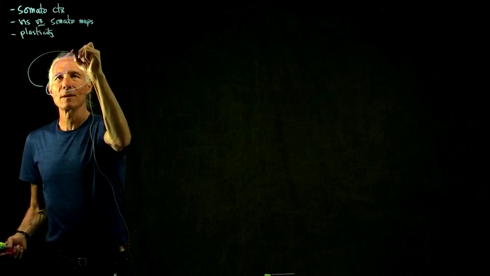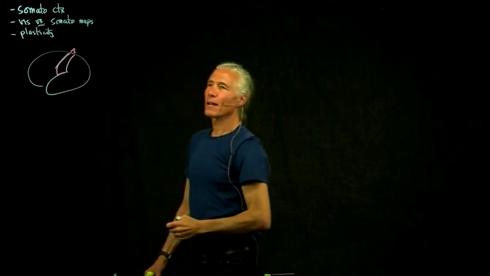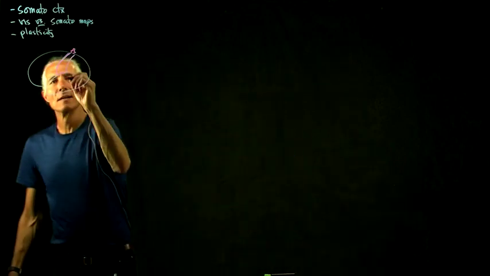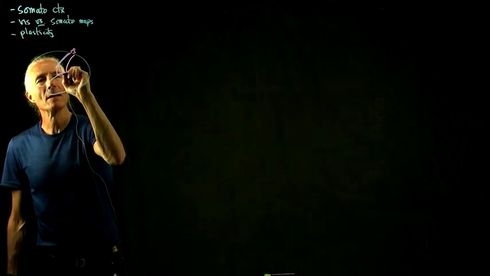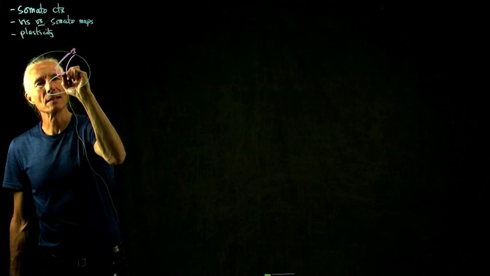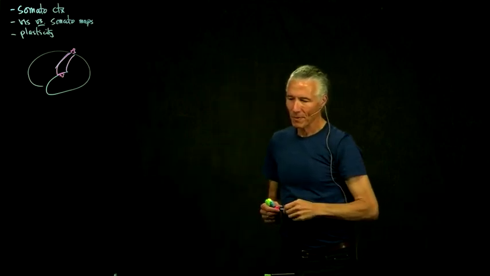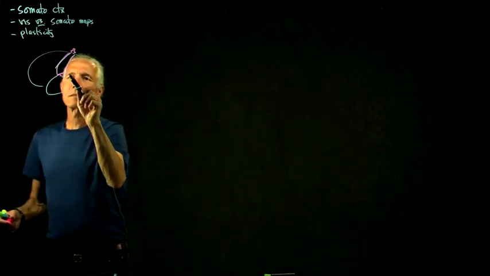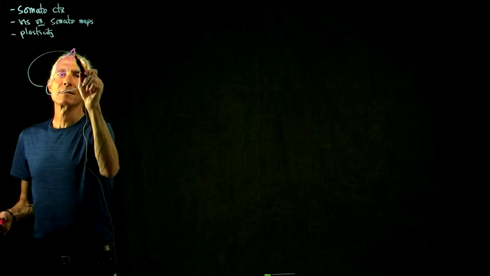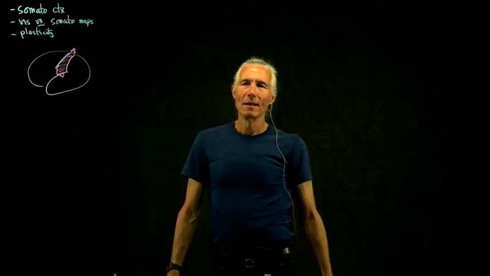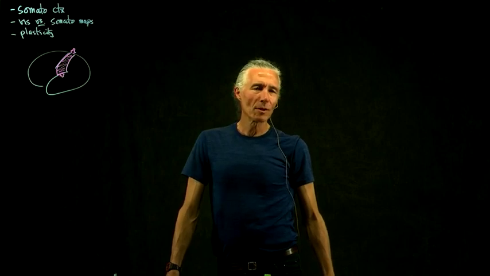So there's some somatosensory cortex that's kind of on the midline, especially like some part of the feet, and there's also some somatosensory cortex that's actually inside the lateral sulcus. And so that's the somatosensory cortex.